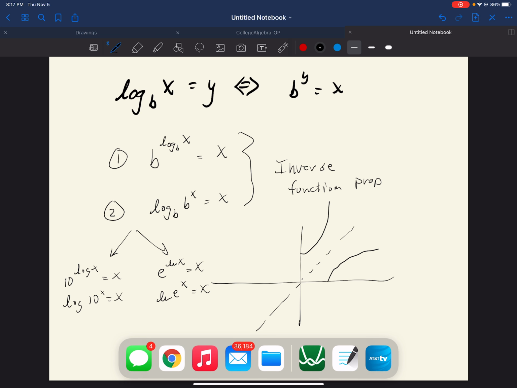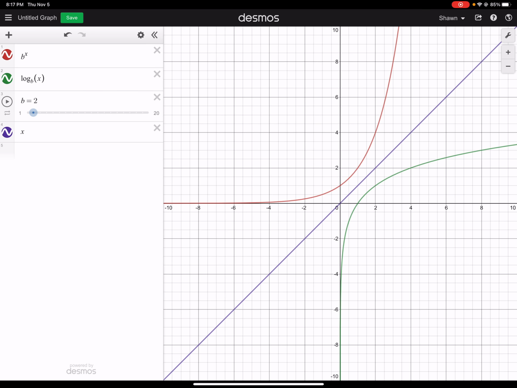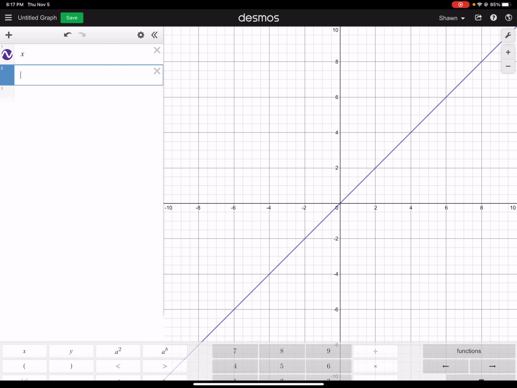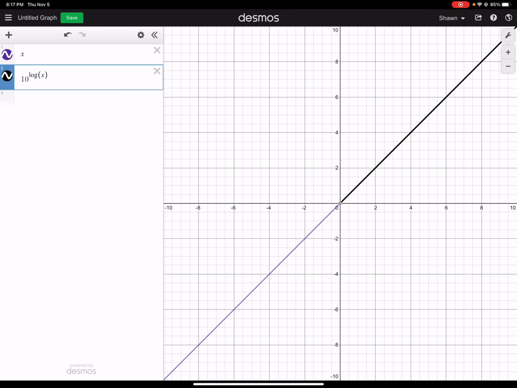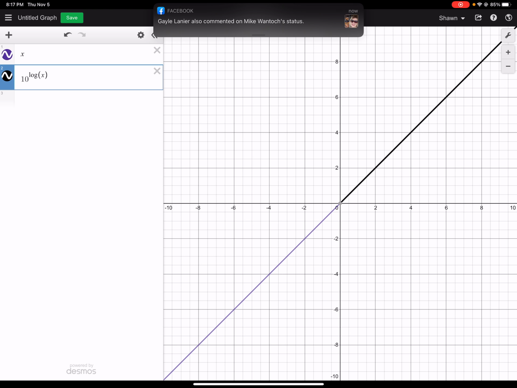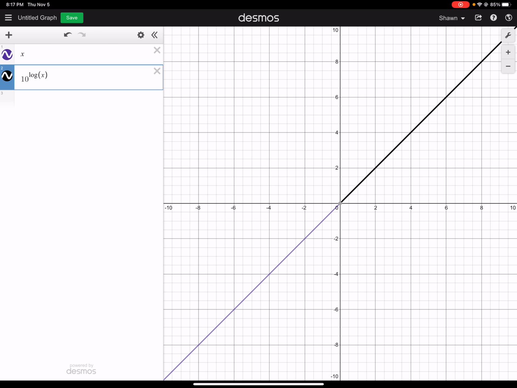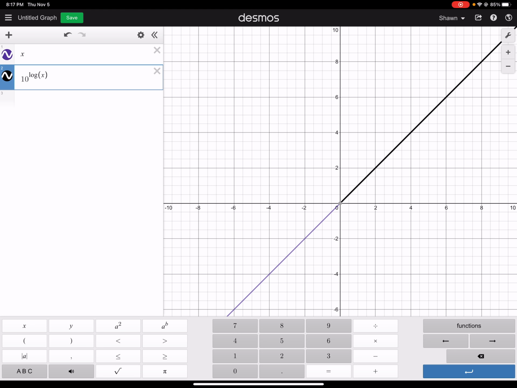And you could see all of that to be true if we went in here, because if I said 10 raised to the log x, notice that the blue and the black lay on top of each other. So that means that the black function does in fact equal x.